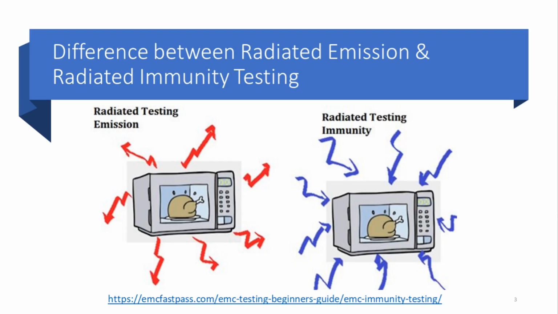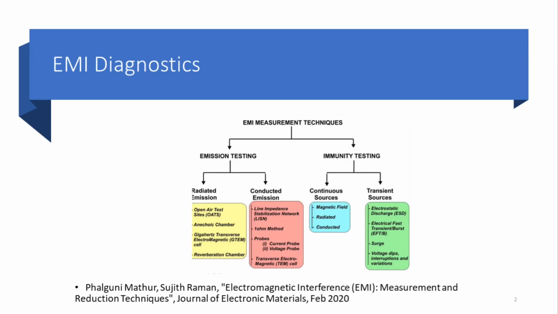So, in this subsection, techniques used in immunity measurements for pre-compliance or compliance EMI testing are explained under two different classes, namely continuous testing and transient testing.